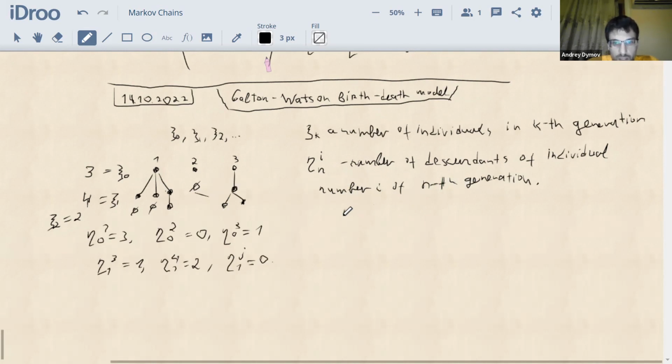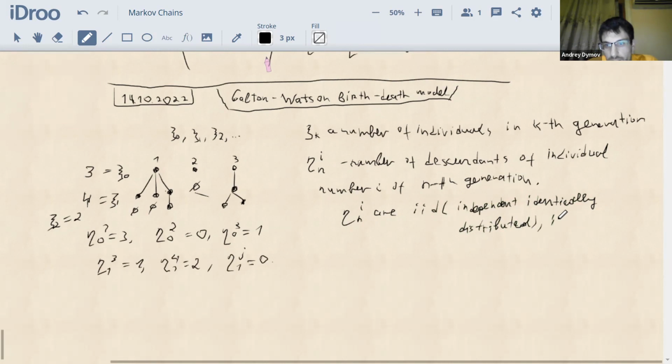We assume that the eta n,i are independent and identically distributed, and also independent from xi0.